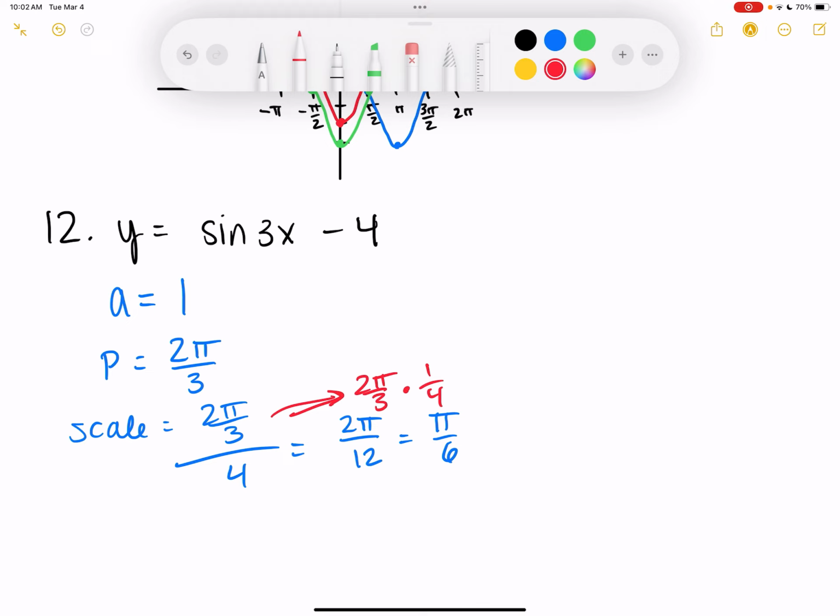But you kept 2 pi over 3, you changed it to multiplication, and then you flipped the 4 over 1. No, she didn't. That's dividing by a fraction. It's not divided by 1/4, it's divided by 4. If it was divided by 1/4, I would keep, change, flip.